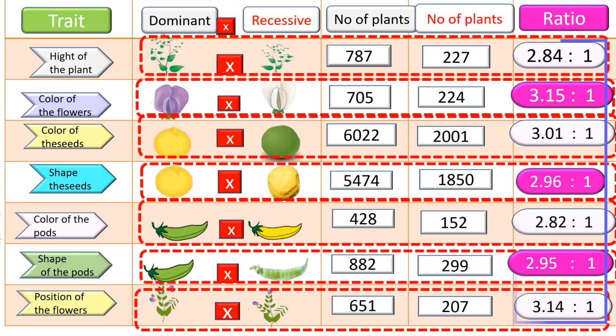Mendel got two phenotypes with approximately a 3:1 ratio for the F2 generations of all the monohybrid crosses he carried out. Mendel used these results to produce his first law.